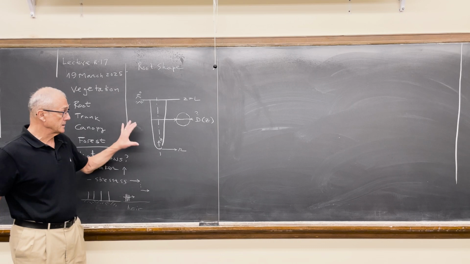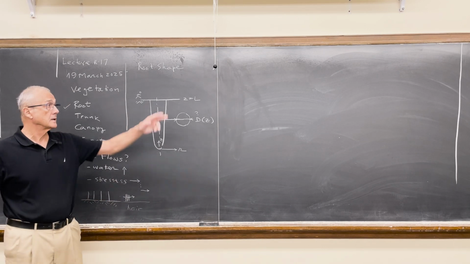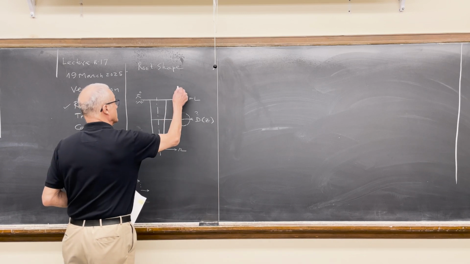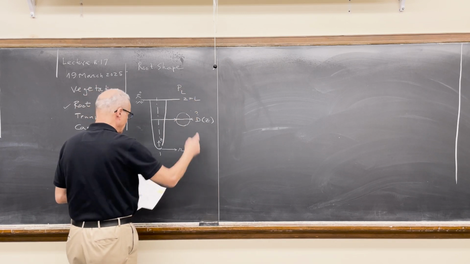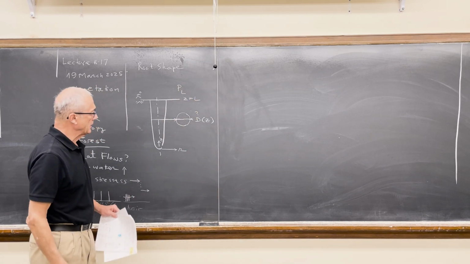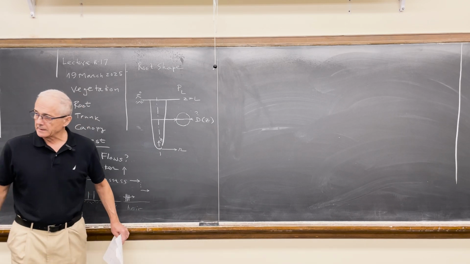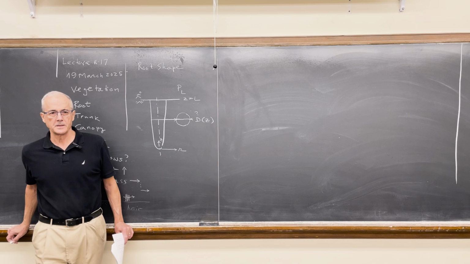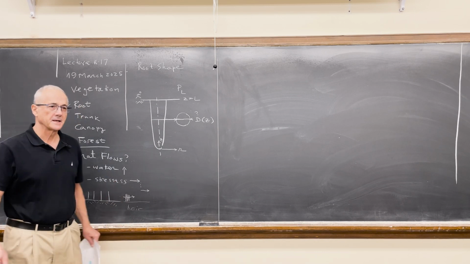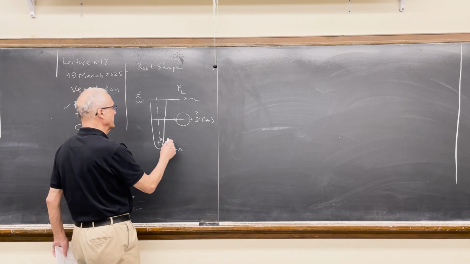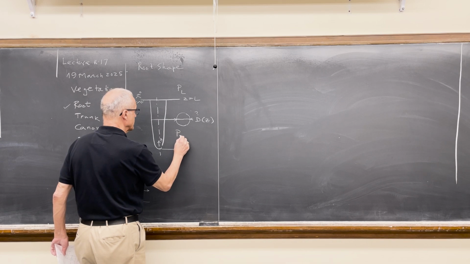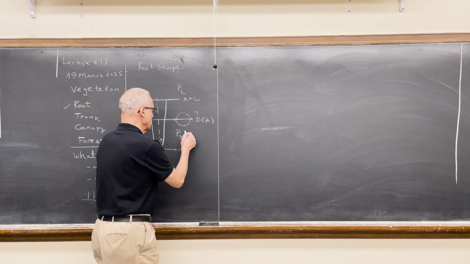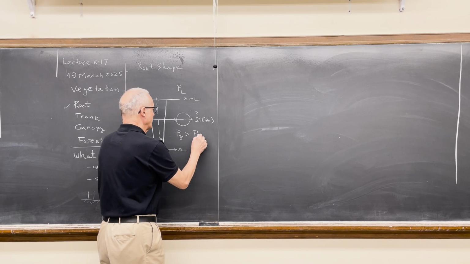So the pressure in the ground is higher than above ground. Above ground, the pressure is the pressure at altitude L. In the ground, it is higher, but to make life easier for the teacher, we assume that it is uniform, and it's called PG, meaning the pressure in the ground, which is higher than above ground.